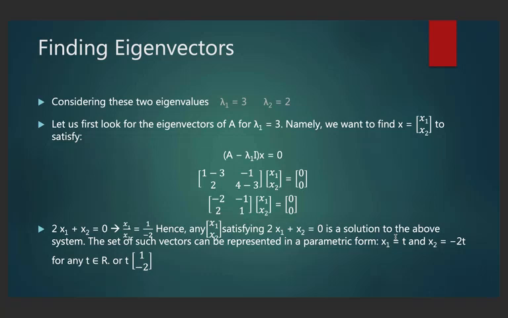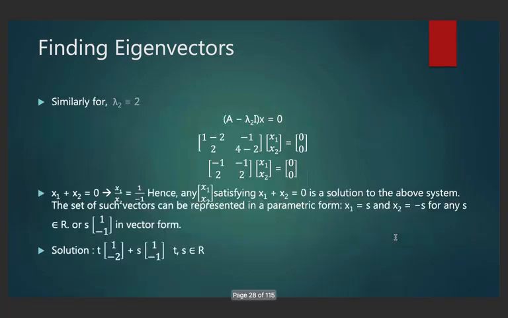Hence, any x1, x2 satisfying 2x1 plus x2 equals 0 is a solution of the above system. The set of such vectors can be represented in parametric form: x1 equals t and x2 equals minus 2t for any t belonging to R, or t times the eigenvector 1, minus 2. So 1, minus 2 is the eigenvector of the matrix corresponding to the eigenvalue 3.